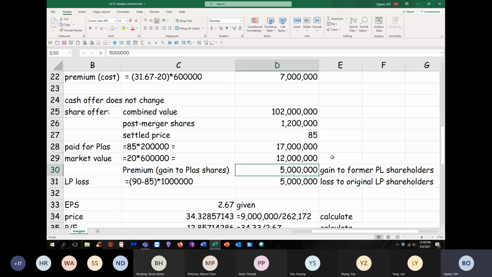And if they want to realize that gain, if this was indeed the market price, if it settled at $85, they could liquidate right away, and they would be $5 million better off than they were before the merger. On the other hand, the LP shareholders, if they were to liquidate their shares, they would be $5 million worse off, wouldn't they? So they probably don't want to do that right now, if they still believe in their company.